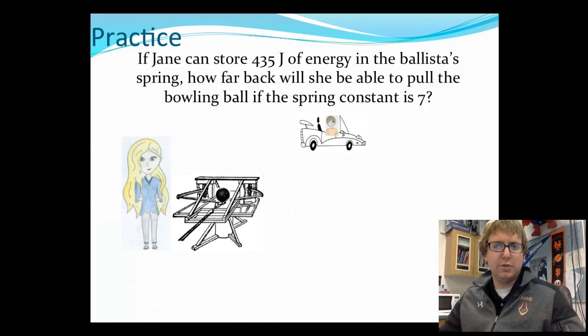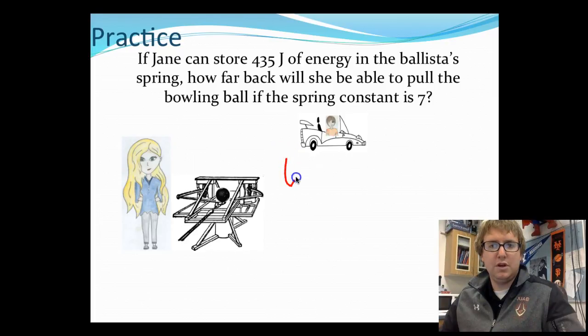Let's look at a practice problem with Jane. If Jane can store 435 joules of energy in the ballista spring, how far back will she be able to pull the bowling ball if the spring constant is 7? This is an energy problem. We have energy here, we have a number here, and we're trying to figure out what we're solving for.